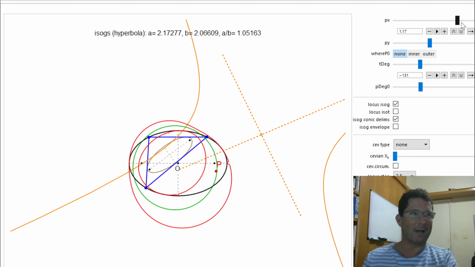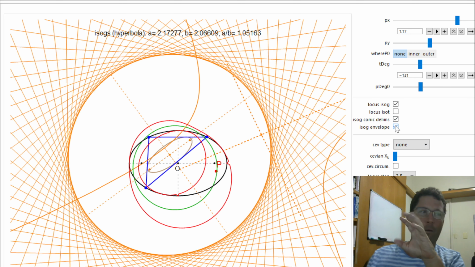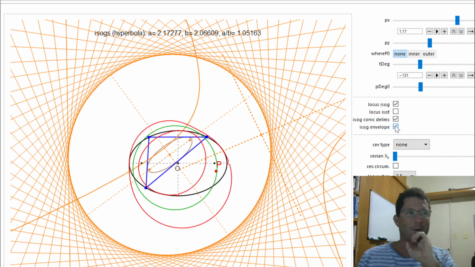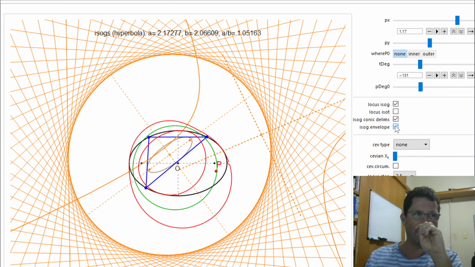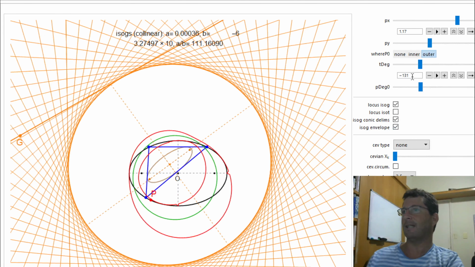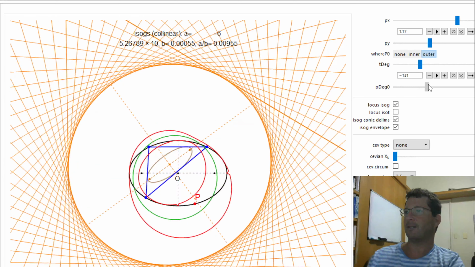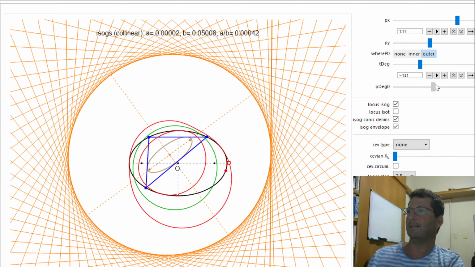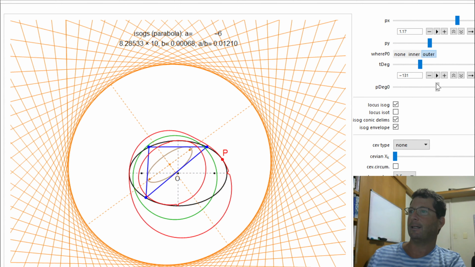So there are these two new facts: the green locus, the circular locus of the rectangular hyperbola, and the confocal envelope of the straight line loci of the isogonal of P, if P is sliding on the outer boundary. I'm sliding P on the outer boundary, and I'm sweeping a conic which is confocal with the caustic.